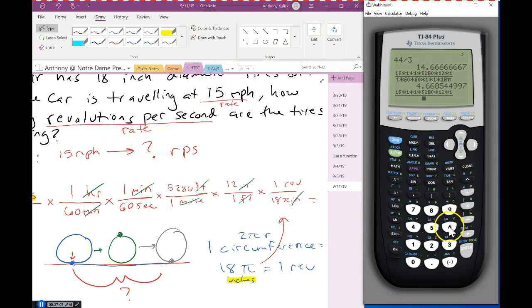And in the denominator, I'm going to have 1 times 60 times 60 times 1 times 1 times 18 pi. So I get about 4.669 revolutions per second.